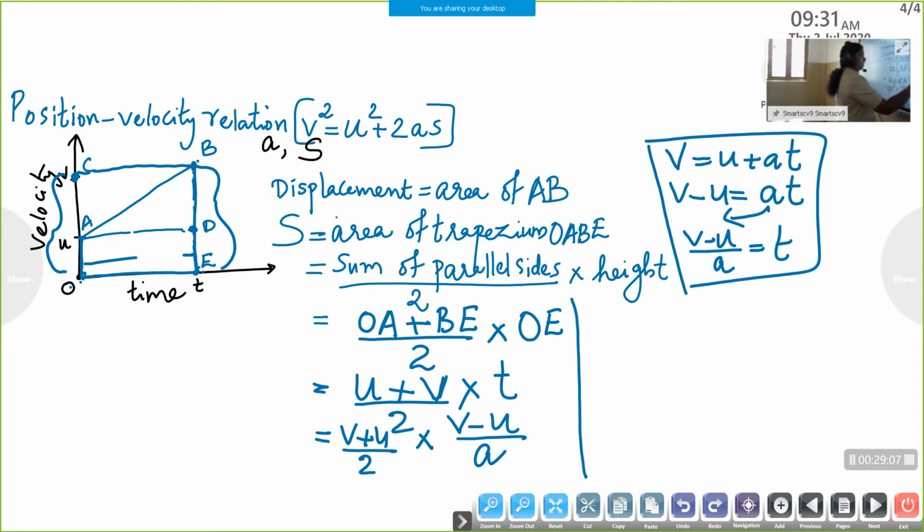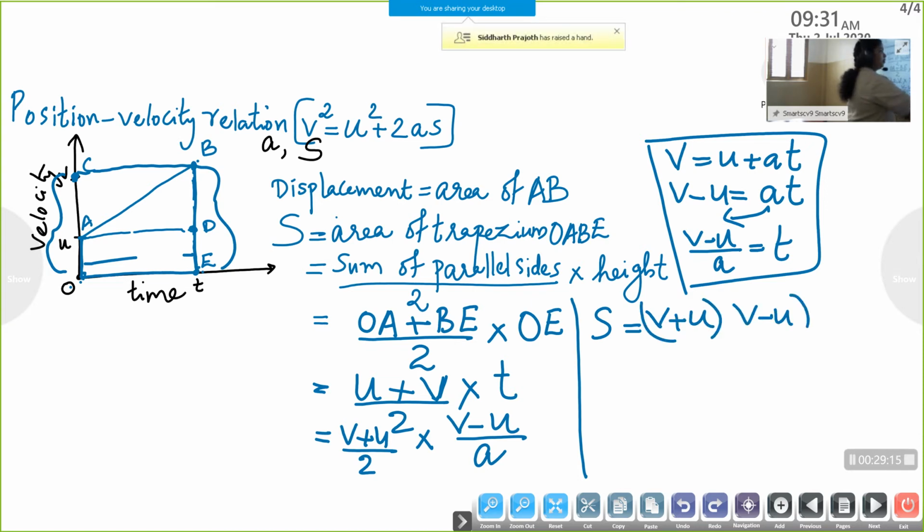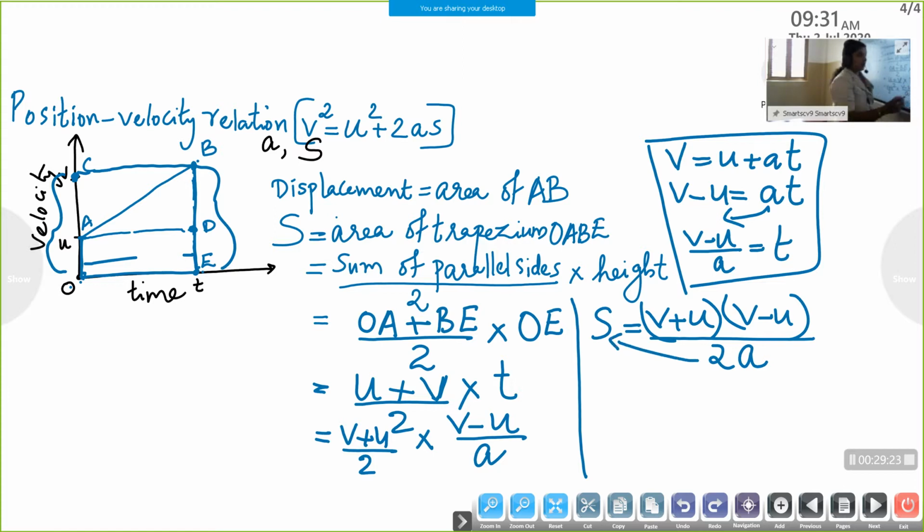So here s is equal to v plus u into v minus u divided by 2a. Okay, so taking 2a to this side, it becomes 2 into a into s, that is equal to v plus u into v minus u, that is a plus b into a minus b form. What is a plus b into a minus b? It is a square minus b square.